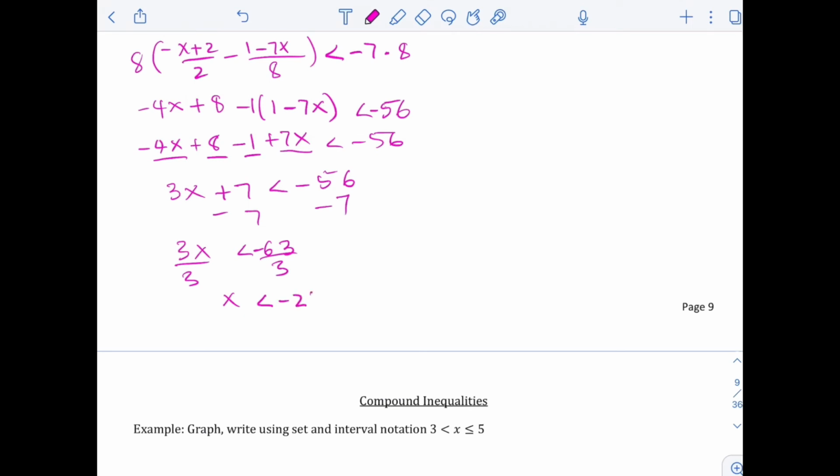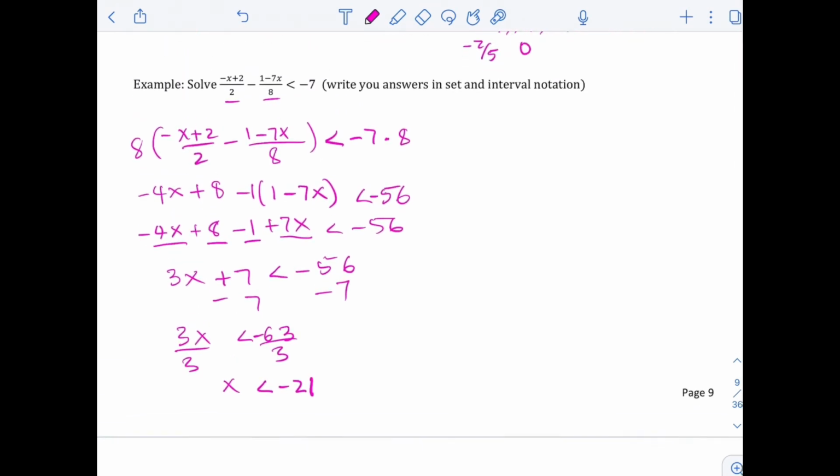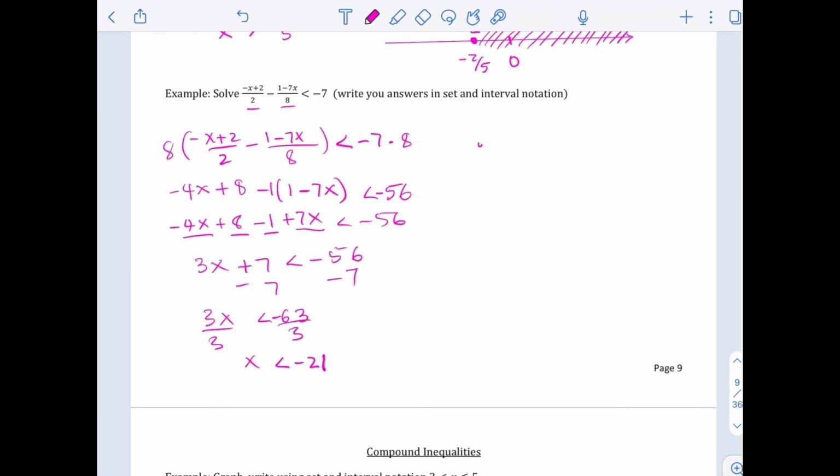So we will do the same thing we did earlier. Give the set notation. Give the interval notation. And give the graph on the number line.